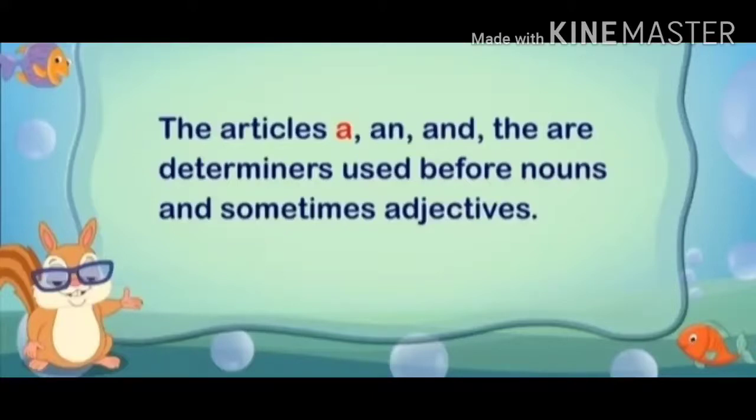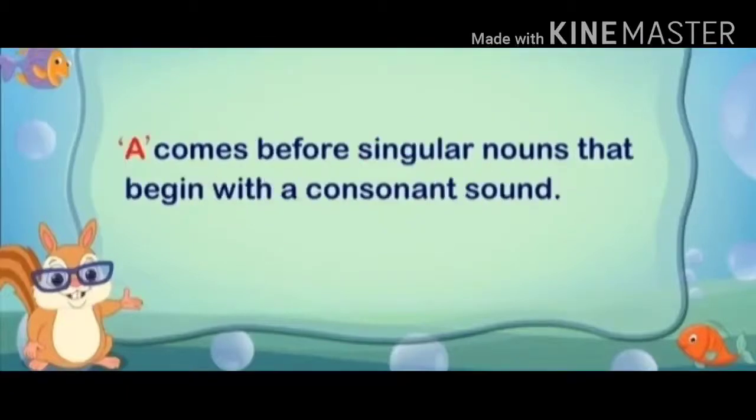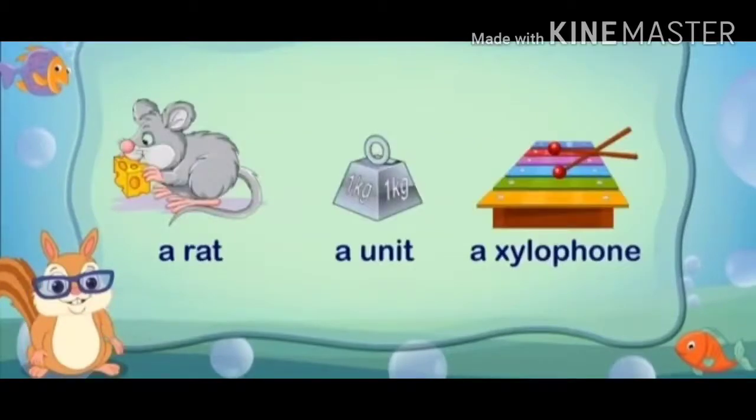Okay, students? A comes before singular nouns that begin with a consonant sound, for example, a rat, a unit, a xylophone. Now students, a is used when, let us know this.